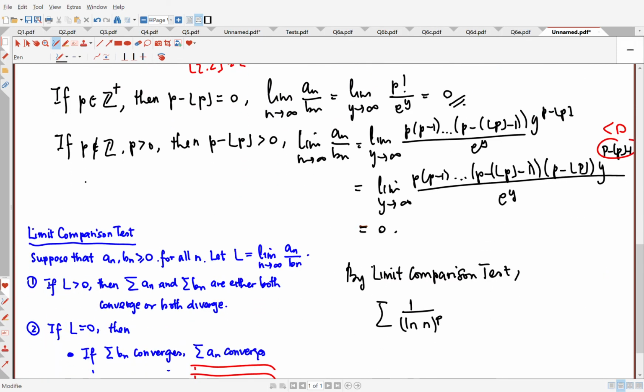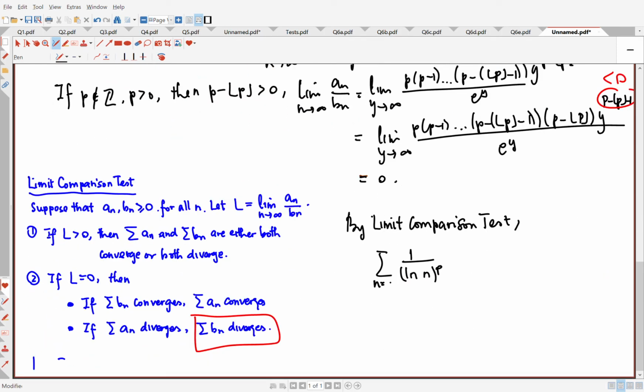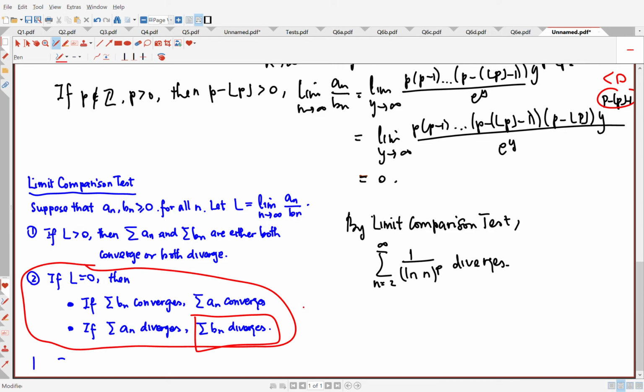Yes, starts from 2 to infinity, diverges. Okay, this result is actually the result from question 4 in this tutorial.